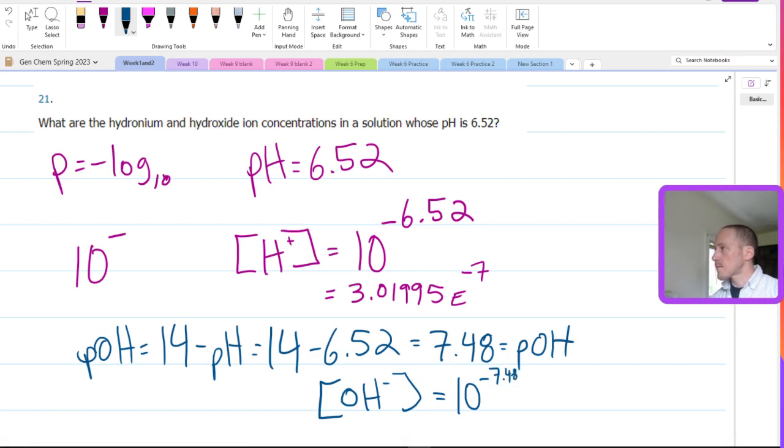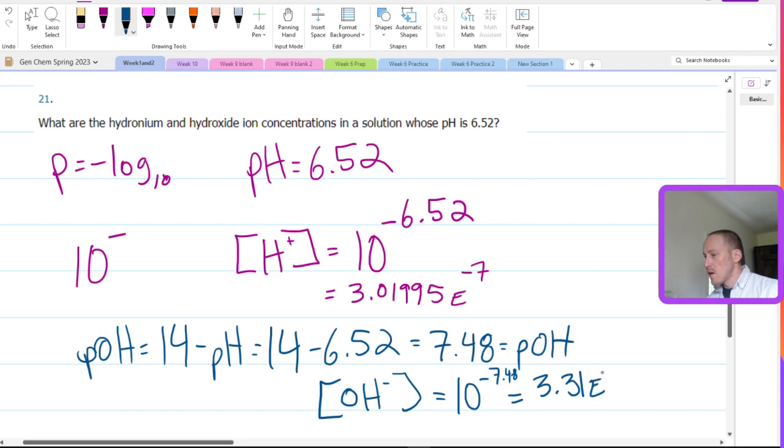And that equals 3.31, etc., times 10 to the minus 8 molar. So there you go.